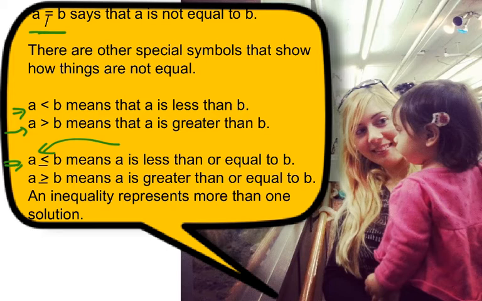It can't be anything smaller. So, it's always important to notice that an inequality represents more than one solution. Make sure you're carefully writing down these symbols and what they mean in your notes.